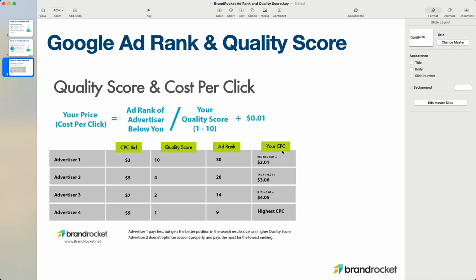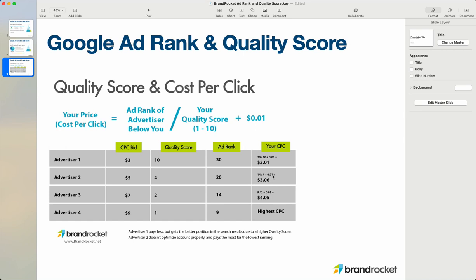And when you apply that, here's what happens. Using this formula, you can see advertiser 1, even though they're bidding less, so they're willing to pay Google less per click, because of this formula, pays $2.01. So it's actually less than what somebody is paying that's ranked underneath them, which is incredible. This is a pretty decent quality score, right?